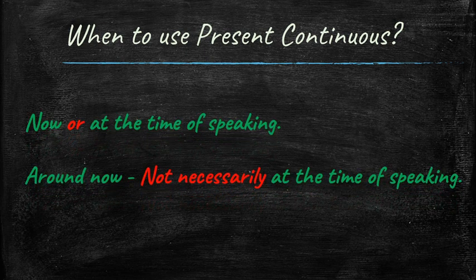So it's either used to talk about something that is happening now or at the moment, or something that is happening around now, which means not necessarily at the time of speaking. For example, when I say I am reading a book, it can mean I am reading it right now, and it can also mean I am reading a book these days.